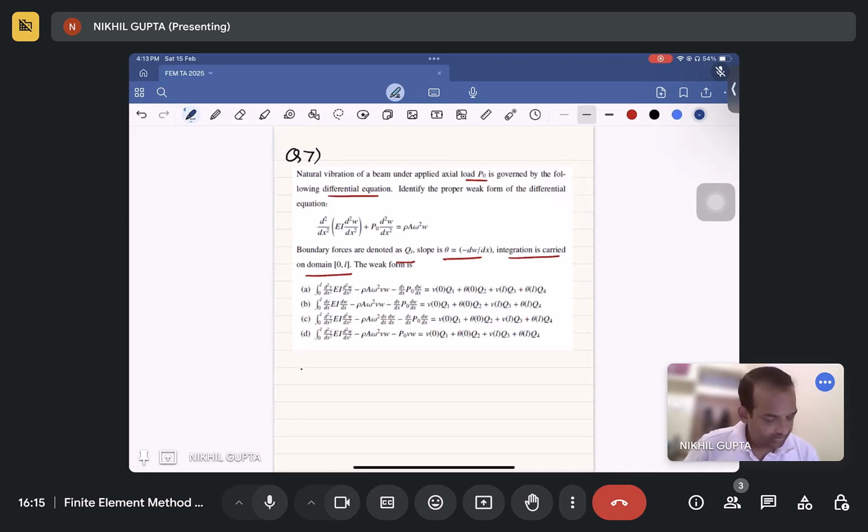Okay, so I'll start solving it. So let V be the weight function.